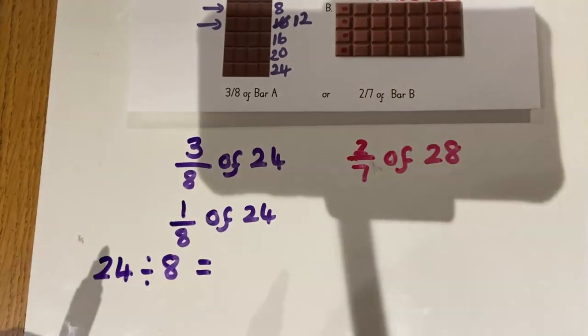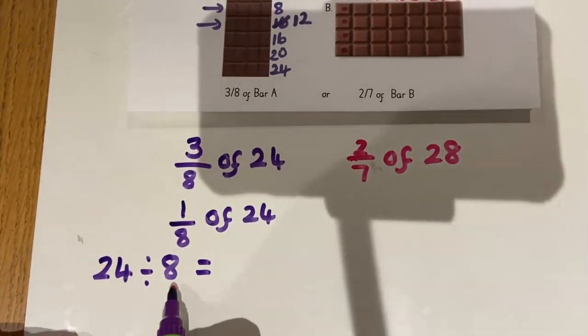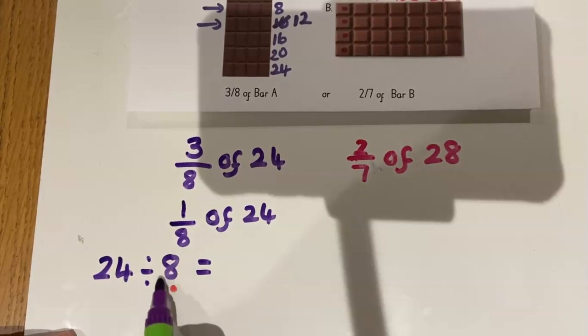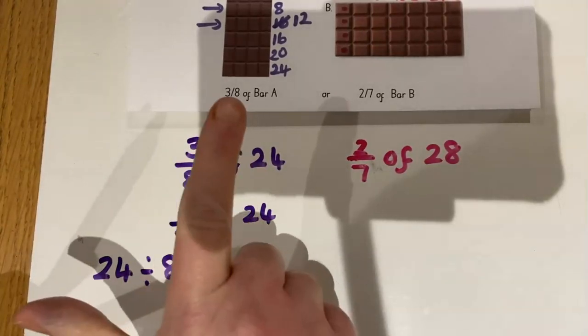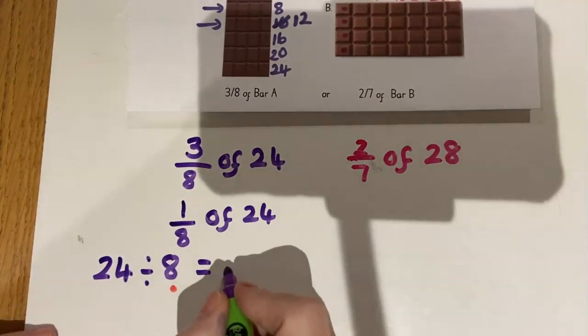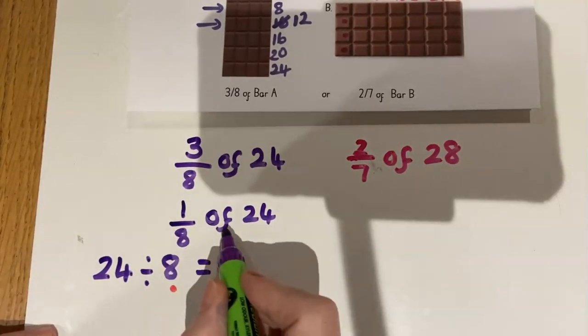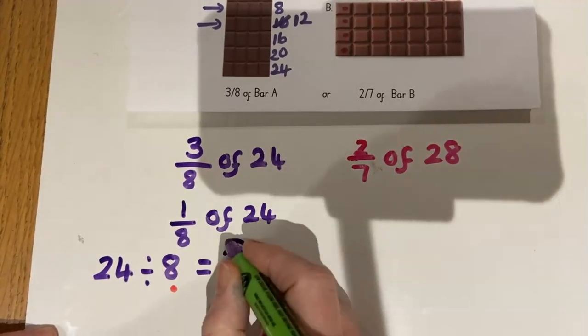Now, I know that if I use my 8 times table here, this can help me. So if I'm counting in 8s, how many lots of 8 are going to go into 24? I know that 1 8 is 8, 2 8s are 16, 3 8s are 24.